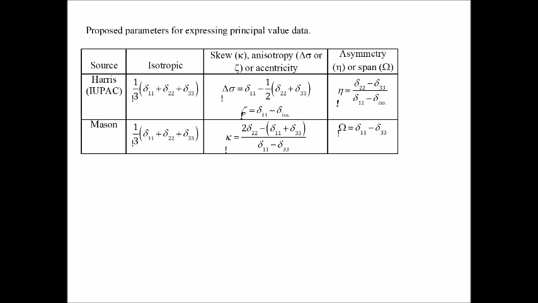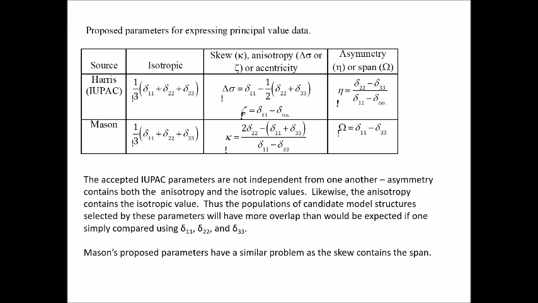If you look at the IUPAC recommendations and those from Joan Mason, they are not independent. For example, the asymmetry contains both the anisotropy and the isotropic value. Likewise, the anisotropy contains the isotropic value. This means that if populations of candidate models were selected using these parameters, you're going to have some overlap. One of these values is weighted by another one. They're not independent of one another.